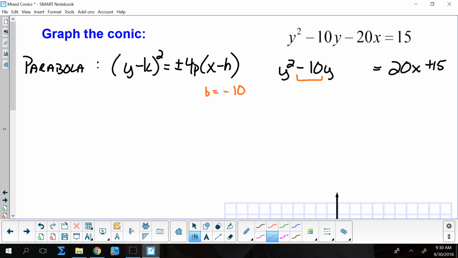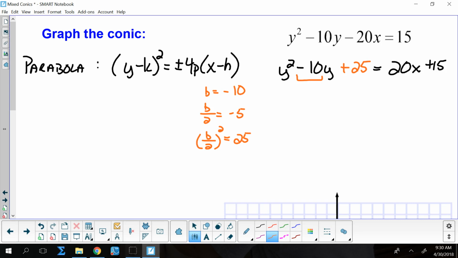What's that number divided by 2? What's that number squared? And we said on Friday that that squared part at the end fills the space. But now what have I done?